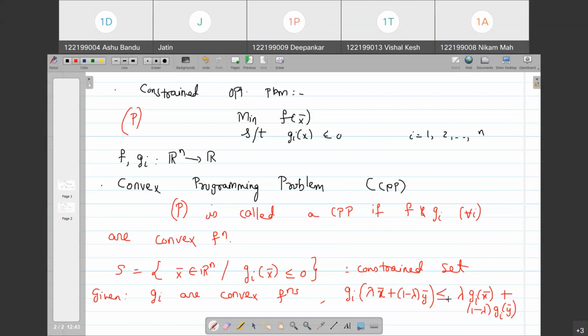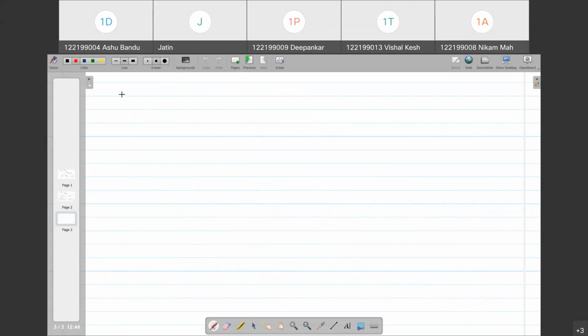So when your constraint functions are convex functions, then my claim is your feasible set is a convex set. When you call a set to be a convex set, so let's try to prove this. My claim is S is a convex set.